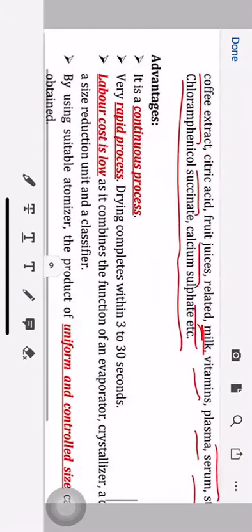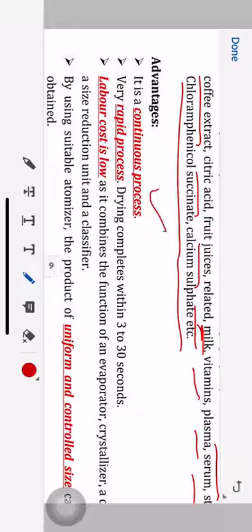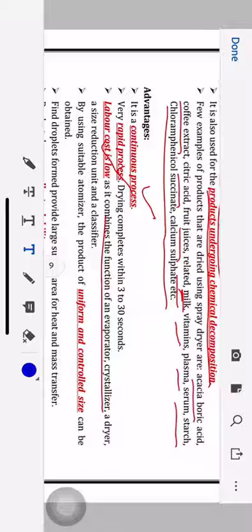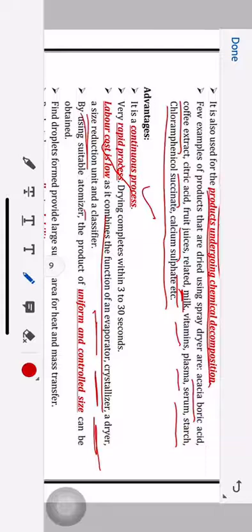Advantages, if we talk about advantages, yes, it is a continuous process, it is a rapid process, labor cost is low. Why is labor cost low? Labor cost is low because it combines the functions of an evaporator, crystallizer, a dryer, size reduction unit, and a classifier. So many things together. How many? Evaporator, crystallizer, two, third dryer, fourth size reduction unit, and fifth classifier.